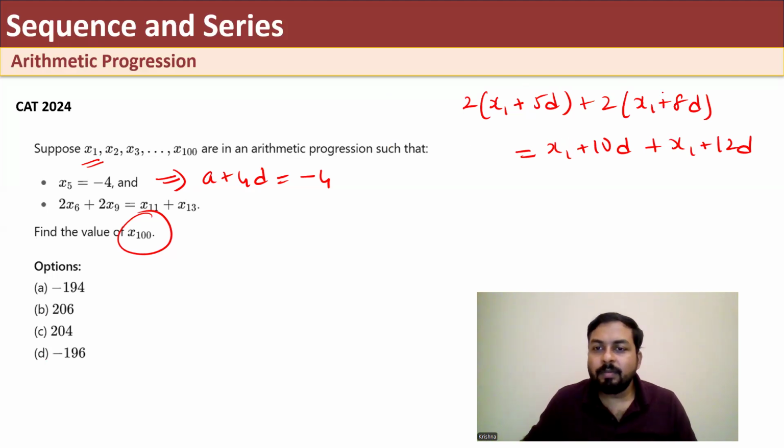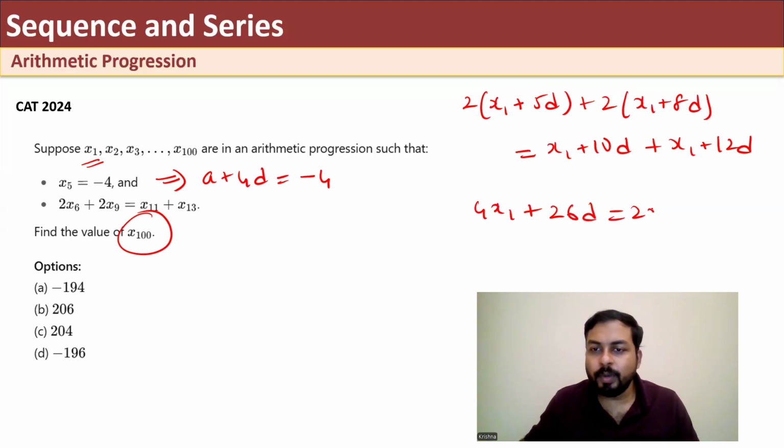So what I'll get: 2x1 plus 2x1, 4x1. And here you have x1 plus x1. So 4x1 plus 10d plus 16d. 10 plus 16, 26d. So this is on the left hand side.